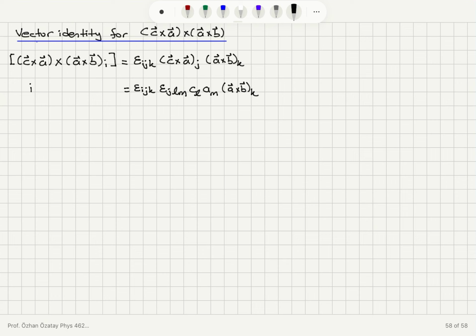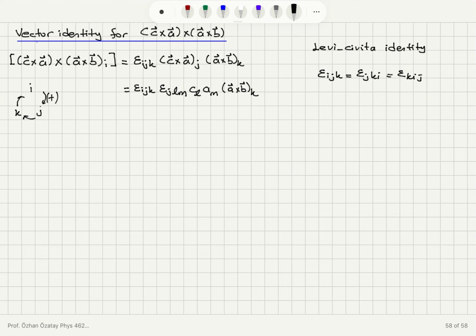Now, what is epsilon ijk, epsilon jlm? What I do is I form cyclic permutations of ijk. This is the positive direction. And I know that the property of the Levi-Civita symbol, the Levi-Civita identity, is that epsilon ijk is equal to epsilon jki is equal to epsilon kij, again using cyclic permutations.